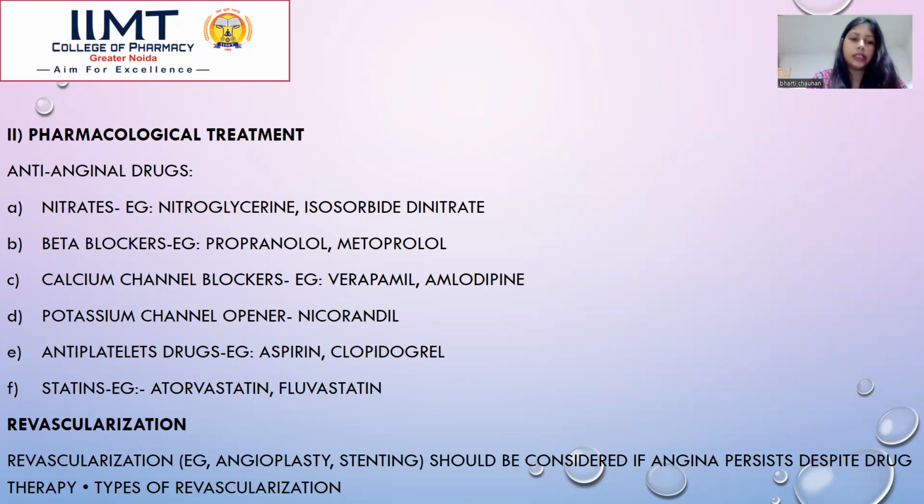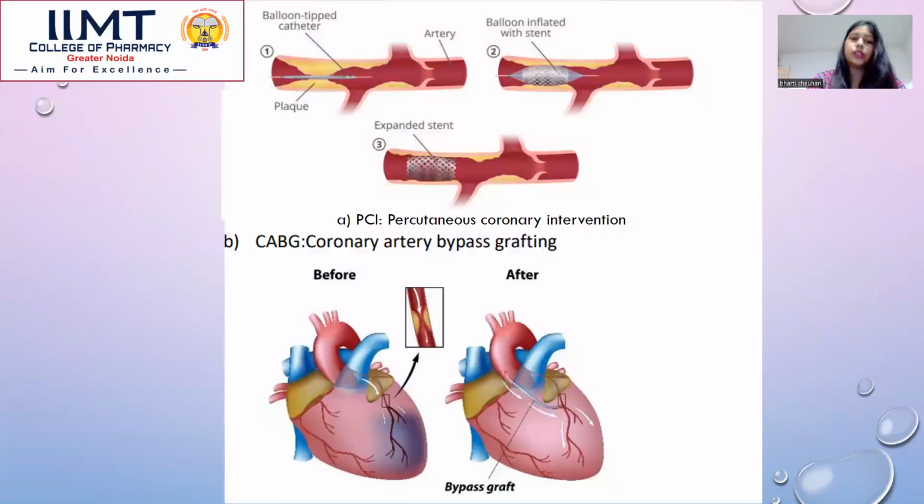It is revascularization. You have heard about angioplasty and stenting, which should be considered if angina persists despite drug therapy. So there are basically two types of revascularization.